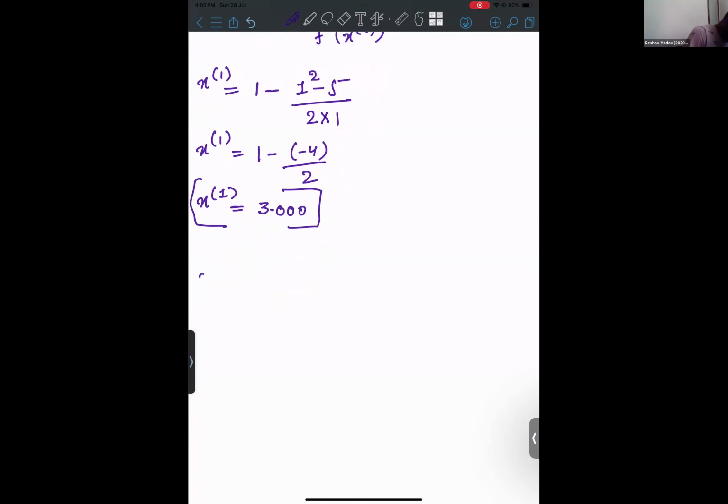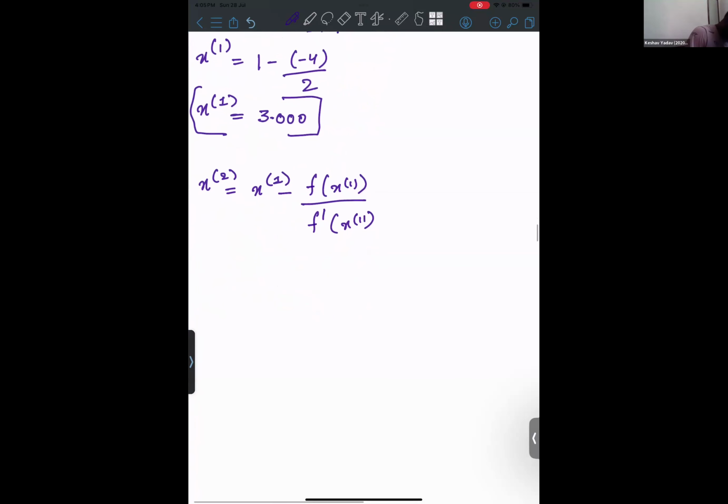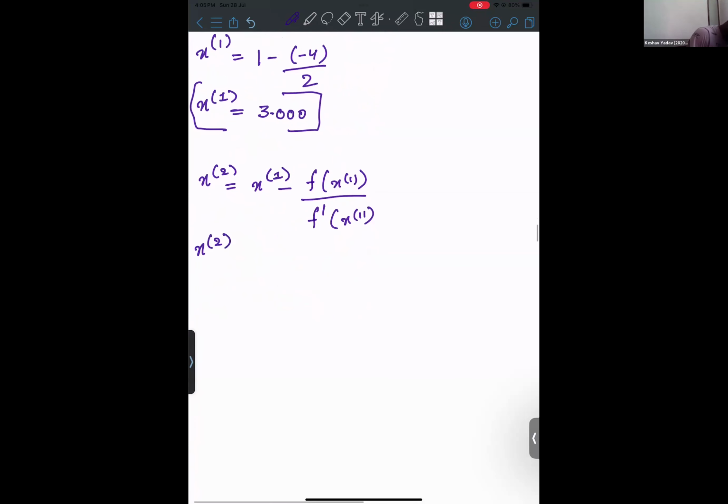What will be the value of x at the second iteration? That will be equal to x at the first iteration minus the function at the first iteration divided by the derivative of the function at the first iteration. Now x2 will be what? This is 3 minus 3 square minus 5 divided by 2 multiplied by 3.